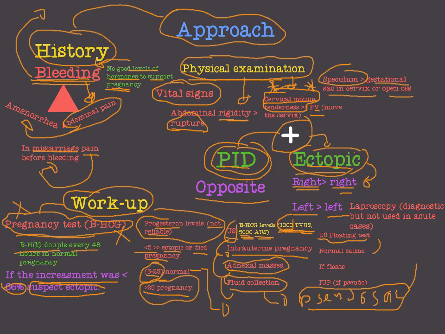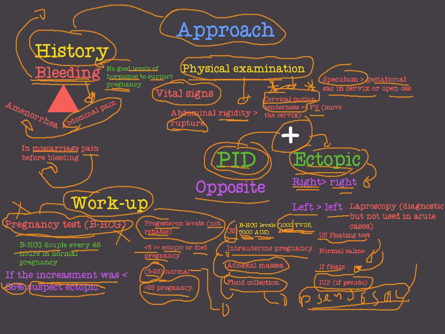We administer normal saline in the uterus, and if we have floating, then we have an intrauterine trophoblast pregnancy. If there is no floating, then we have no intrauterine pregnancy. So the floating of a trophoblast indicates that we have a normal pregnancy, and if there is no trophoblast, then we have an empty sac or pseudosac.